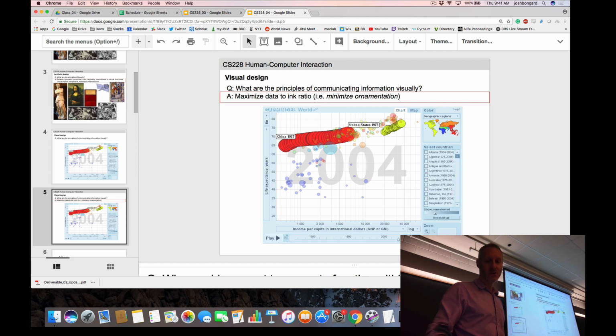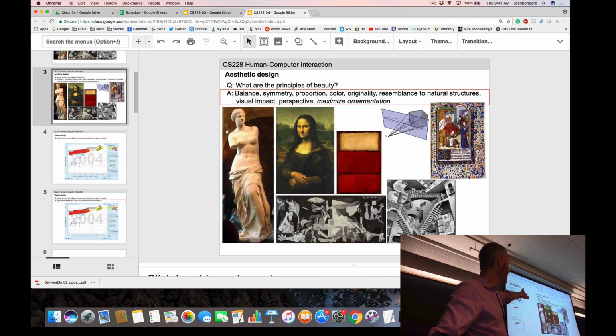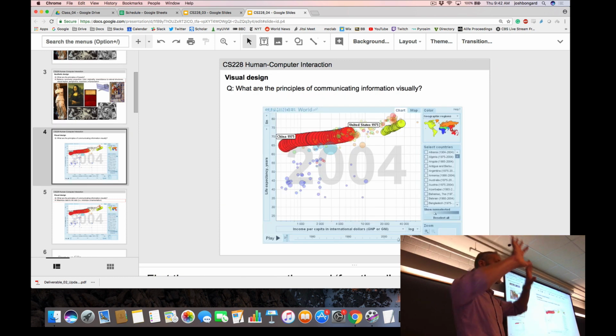Minimize ornamentation, which again goes against the medieval tradition, Western medieval tradition in art, which was to maximize ornamentation. The image on the right might look beautiful to some people. I don't want too much visual clutter when I'm trying to understand the relationship between health and wealth in countries.